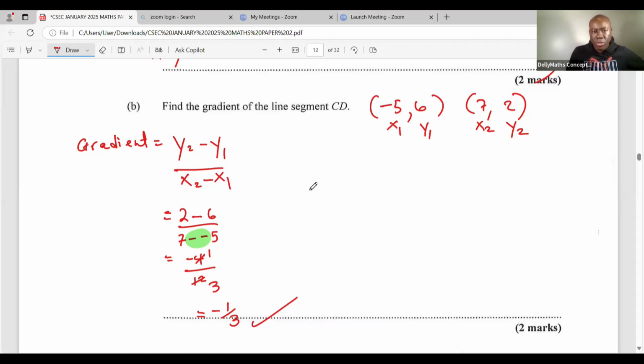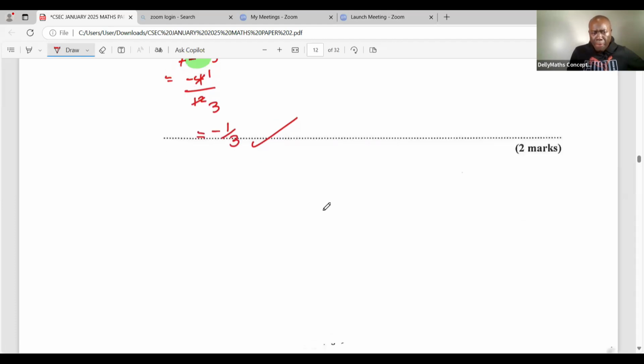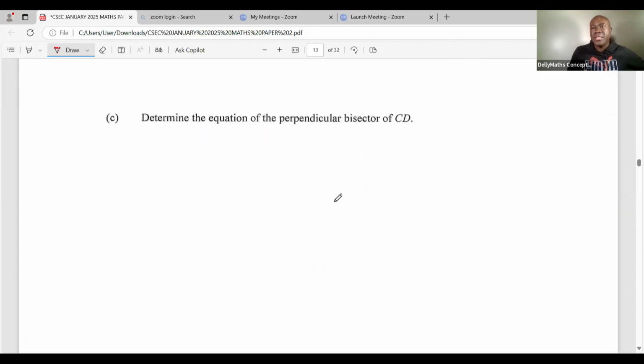All right, so let's keep going. Now, the other part of the question says, determine the equation of the perpendicular bisector. In other words, perpendicular bisector. Perpendicular is at 90 degrees. Bisector means cut in half. Now, remember we found the midpoint.